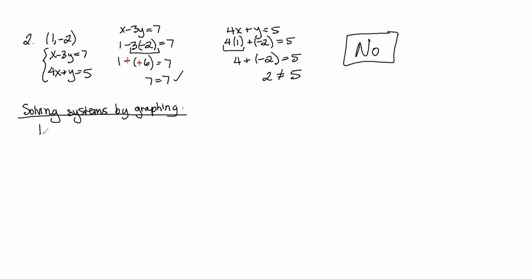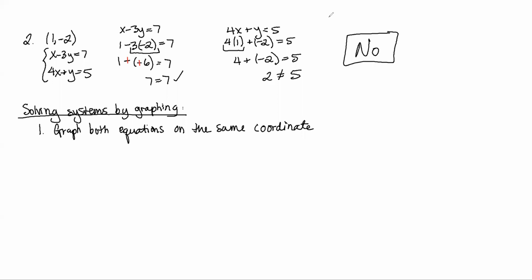Because the first step is we want to go ahead and graph both equations on the same coordinate plane. And we're graphing, and again, I don't have graph paper on this, so it might be a little bit messier for me.